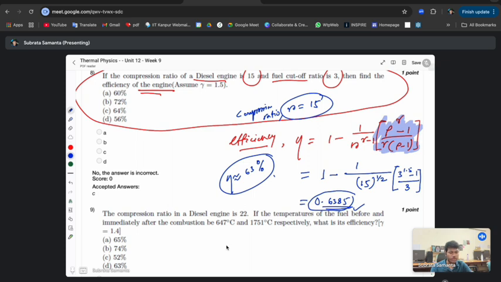Sorry, it's 63.85, so it's approximately 64, not 63. So option C is correct. Any question?